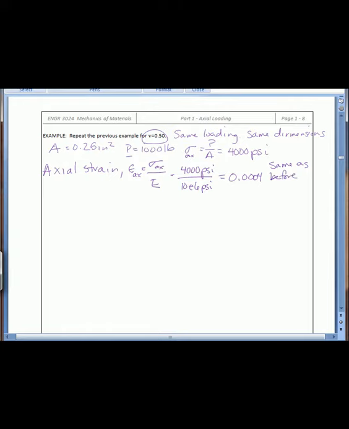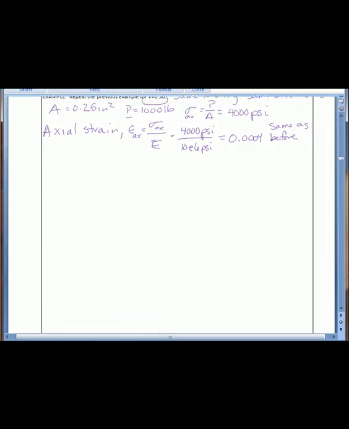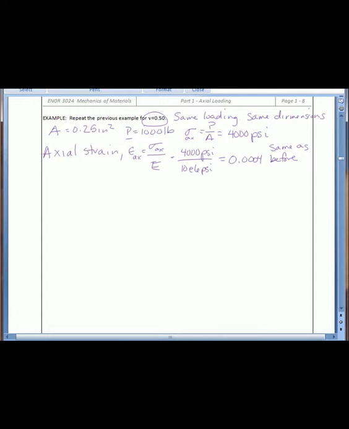That stands to reason. The cross-sectional area is the same, the load is the same, and the Young's modulus is the same. The thing that is different in this case is the Poisson's ratio, which is the relationship between the axial strain and the transverse.